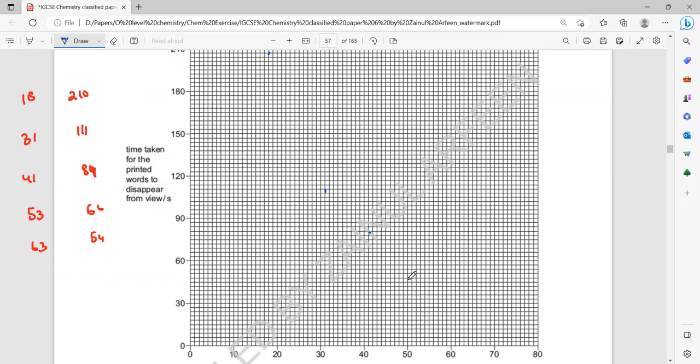This is 50 and 63, 66 and 3 boxes. Then 63 and 54. So 54 is there, 2 boxes below 60.